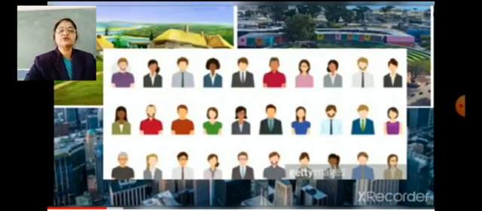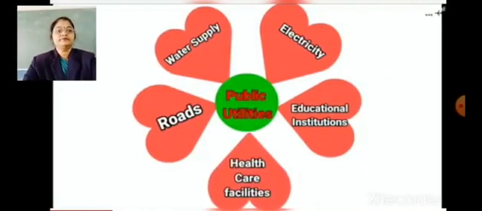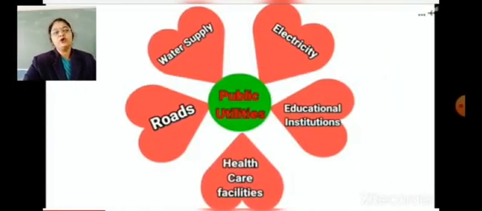This picture shows people themselves govern their community through their representatives. We choose our representatives through election and they form government. So we all require civic amenities.